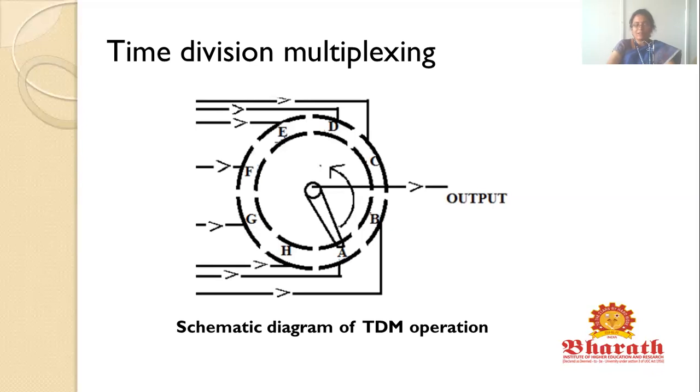The multiplexer and demultiplexer must be synchronized properly. Otherwise, a bit belonging to one channel may be received by another channel. Therefore, one or more synchronization bits are generally added to the beginning of each frame. These extra bits are called framing bits.